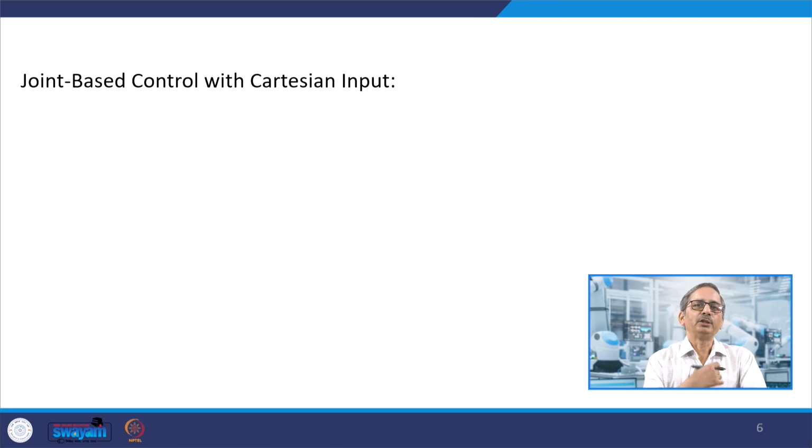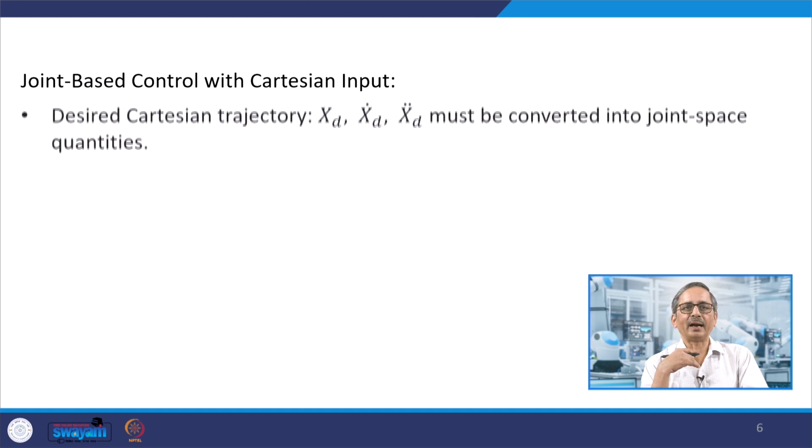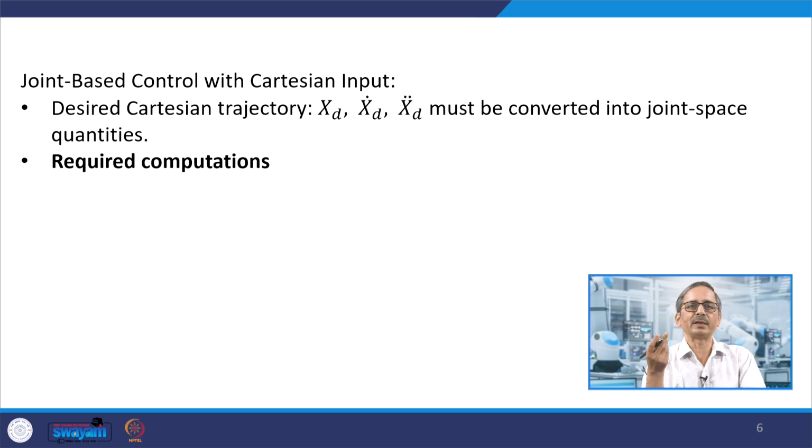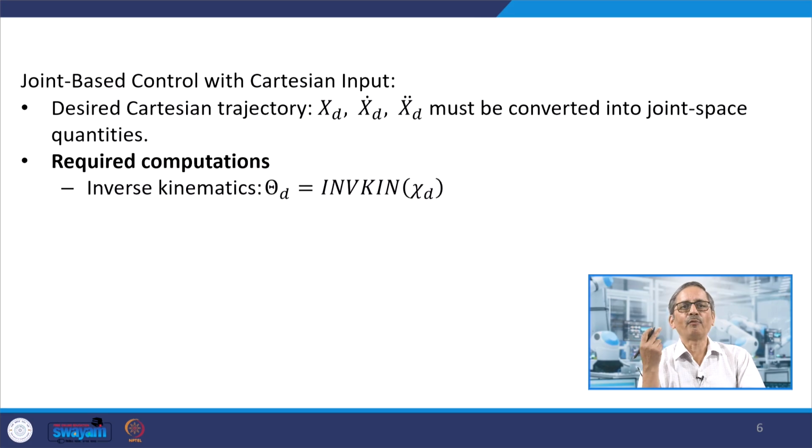Okay. So, in the joint base control with the Cartesian input, the desired Cartesian trajectories must be converted into joint space quantities as we have seen in the previous block diagram. So, how do we do that? The joint position vector I can get from the inverse kinematics.